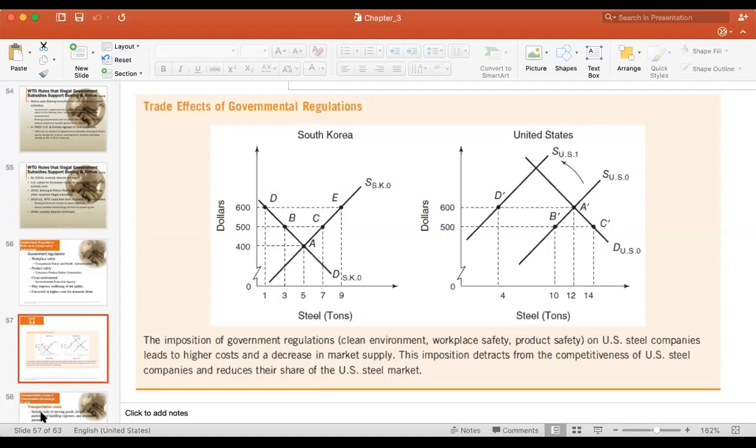And will also lead to a reduction in the competitiveness status of that country that is actually imposing all of these government regulations. So let's look at South Korea and the US.